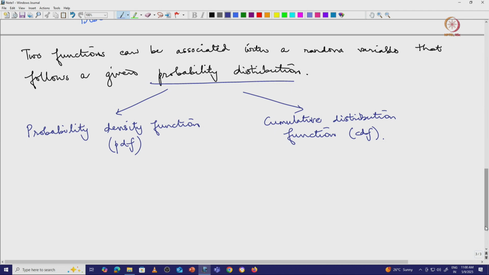So, now let us turn our focus to continuous variables. They are quite important in our study, because we often want to predict the value of a continuous variable. So, let us focus on continuous random variables. Okay.